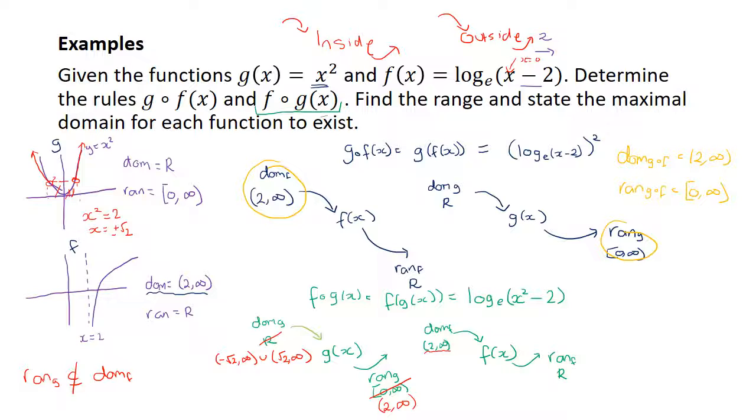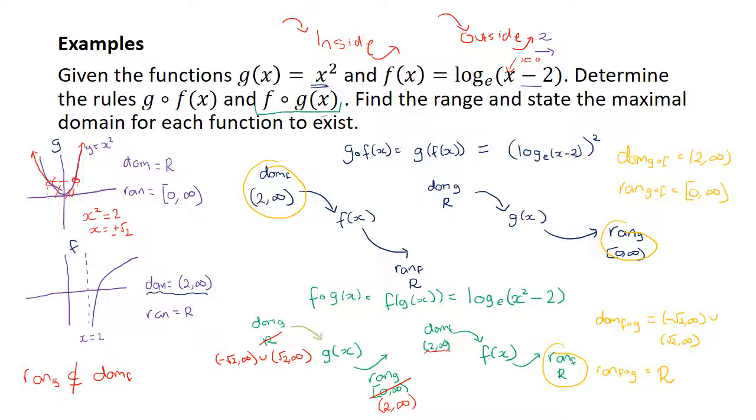So finally we can say that in this case here, the domain of f of g is equal to our domain that we had there. This is the maximal domain that will allow this function to exist. And the range of this composite function is the part that we got out at the end, which is all possible real numbers.